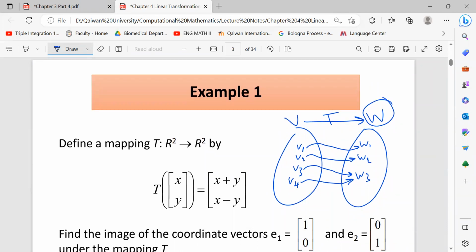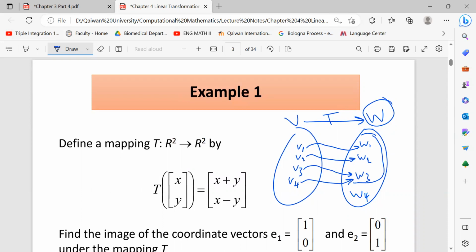When do we say the codomain equals the range? If T of V equals W, in that case, we say the codomain is the range. If you have W4 here, but we have no arrow from vectors of V to W4, in this case, we cannot say W is the range.